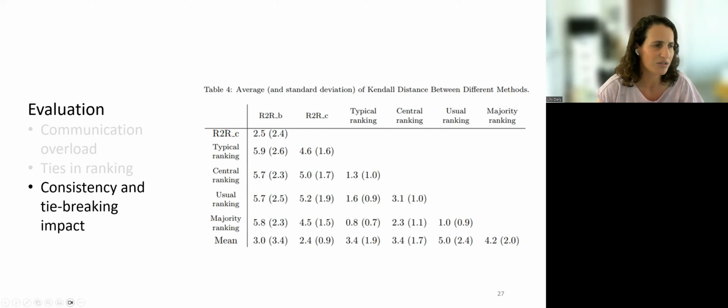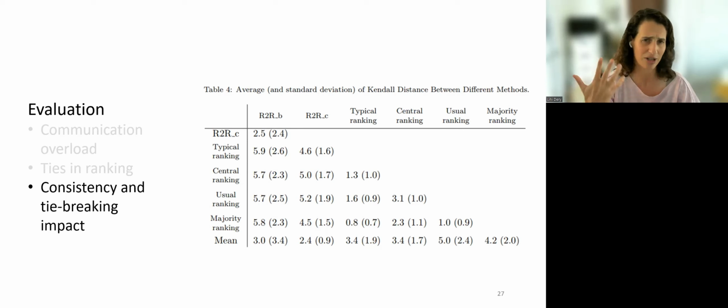And if you look at it closely, you will see that R2RC is more similar to the other rankings. So if you want something that is more consensus and more consistent, I would use R2RC because it's still better than the other methods, but it's closer. It's closer to the mean, it's closer to majority voting, it's closer to the other methods. But if I just want something that is better in general, I would use R2RB.